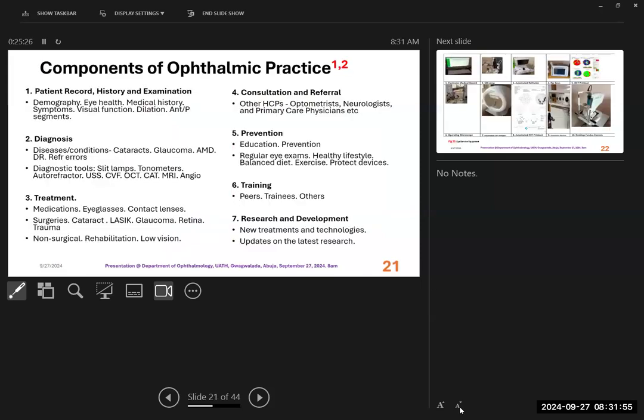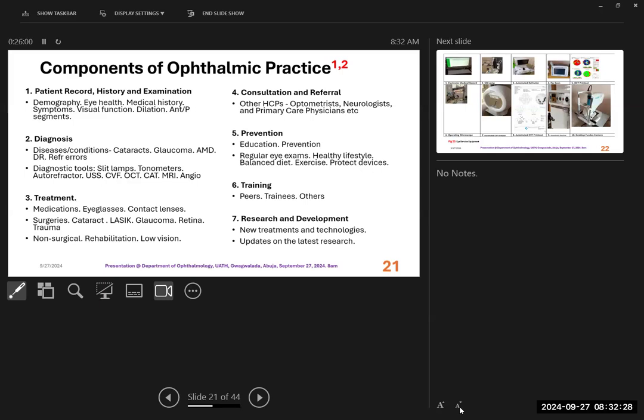Then let's look at what constitutes ophthalmic practice. You start from patient information, patient records. Then you go to history and examination. What I mean by patient record is that you collect demographic data of the patient: age, gender, tribe, religion, and so on.